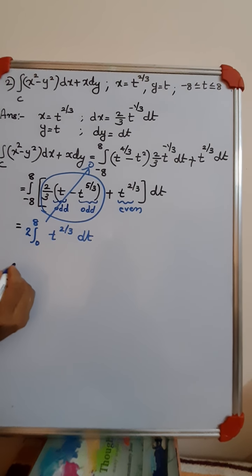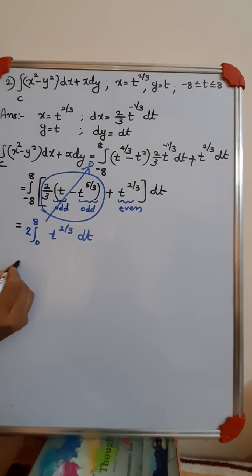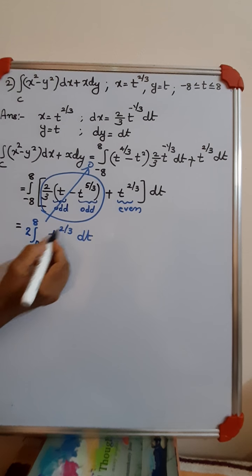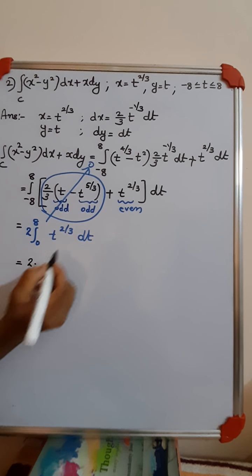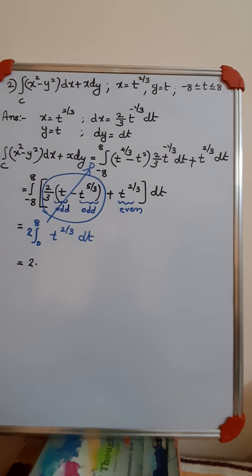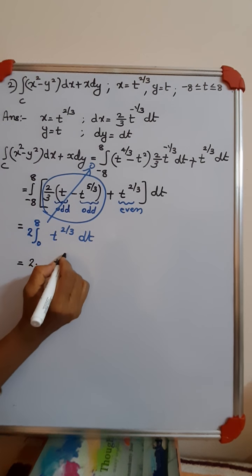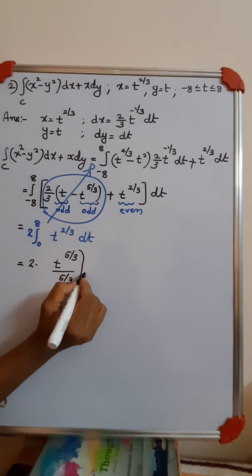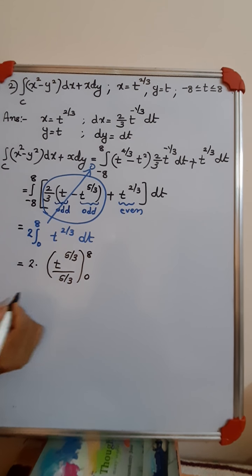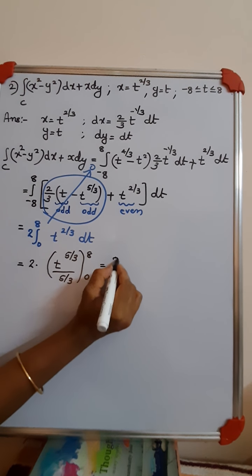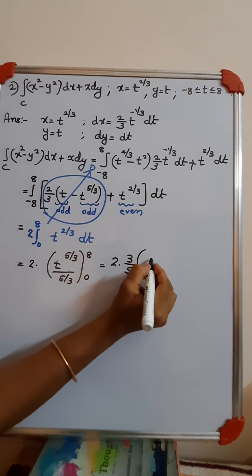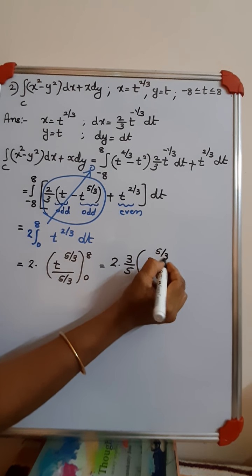Now integrate this function. Integrating, we can write it as 2 into t raised to 2 by 3. Integral of t raised to 2 by 3 is t raised to 2 by 3 plus 1, that becomes t raised to 5 by 3 divided by 5 by 3 within the limit 0 to 8. That is equal to 2 into 1 by 5 by 3 is 3 by 5, 8 raised to 5 by 3.